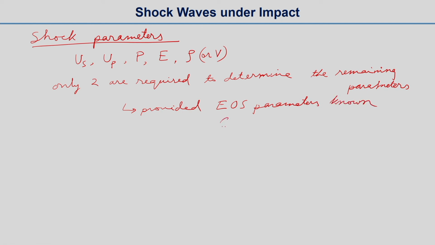UOS parameters means C and S. If they are known, then we only need to know 2 of these parameters so that we can find the others.